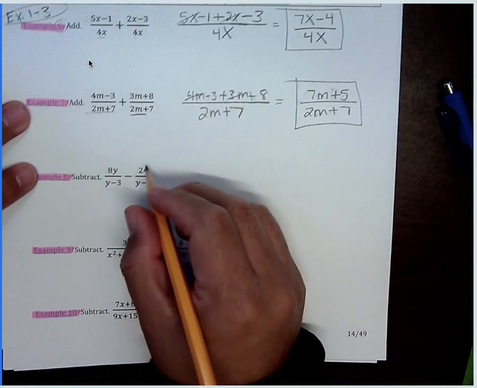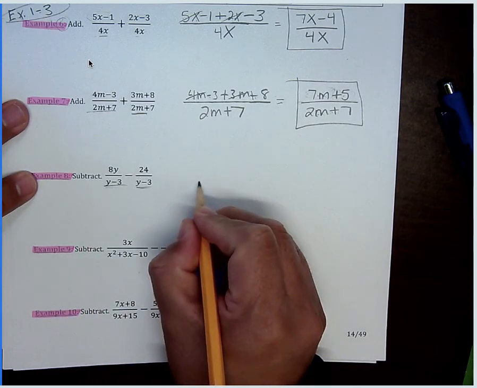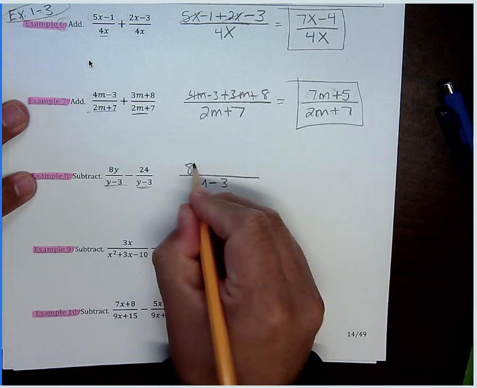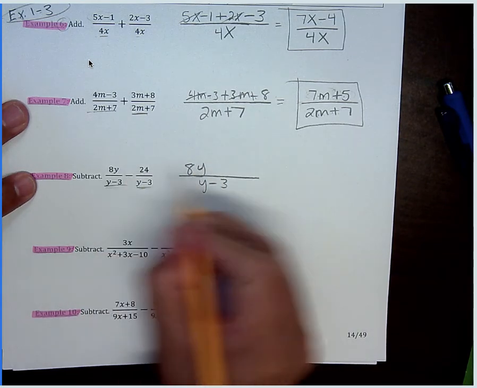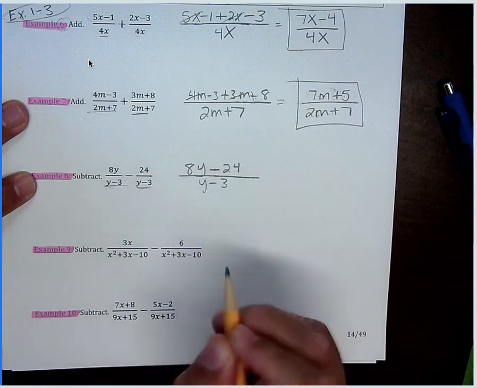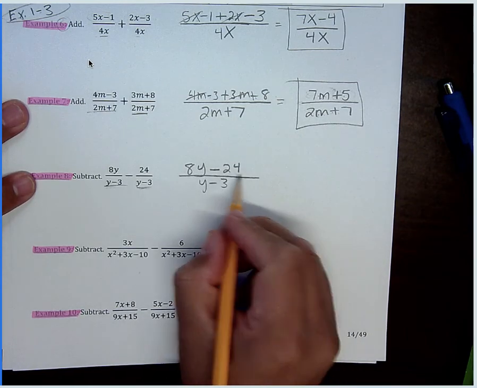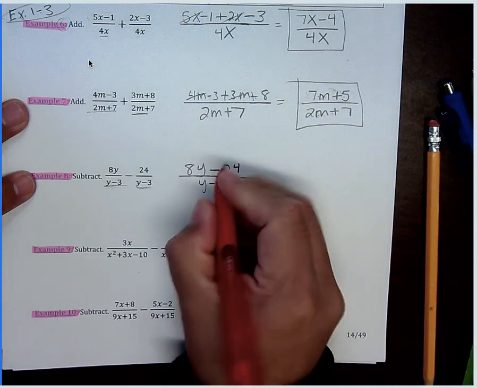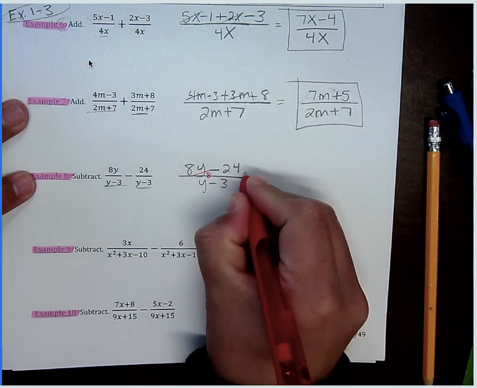For this one, again, they have the same denominator. So y minus 3. So 8y. Now that one's going to change to a negative 24. And then from here, you need to see if you can GCF. I think you can. You can GCF an 8.